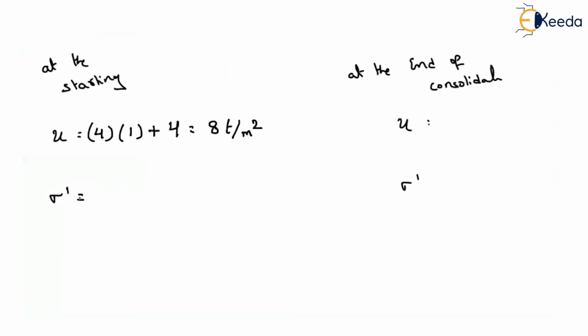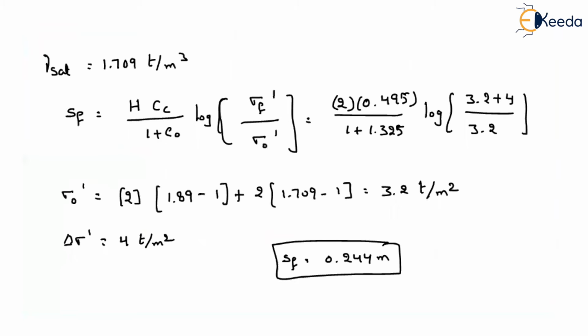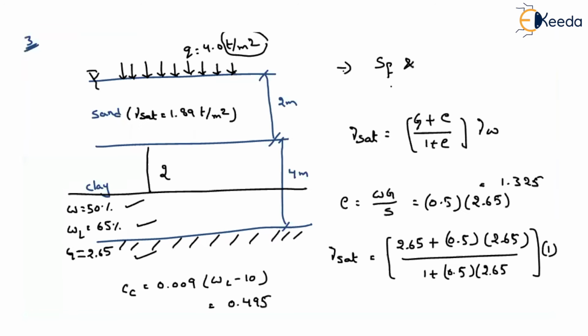And what will be the effective stress? That is nothing but total stress minus pore water pressure. So if you find this value, then you will get it as around. See, what is the total stress at this point?